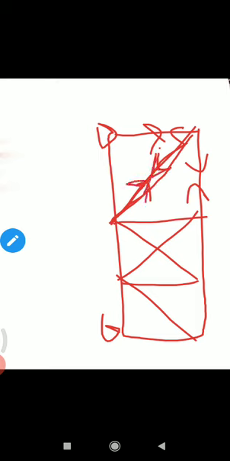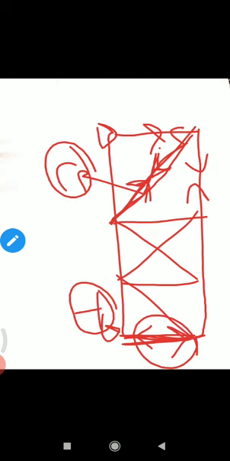If forces in this member are acting along this direction, it is a tensile force. So what we get to know is that axial forces are the only resisting forces in truss.